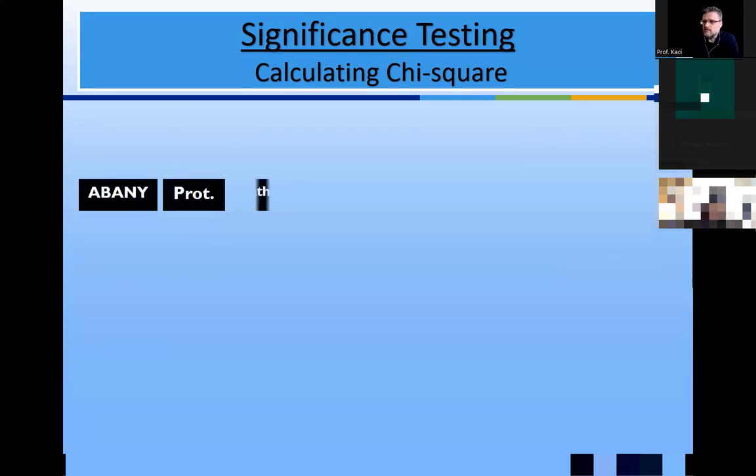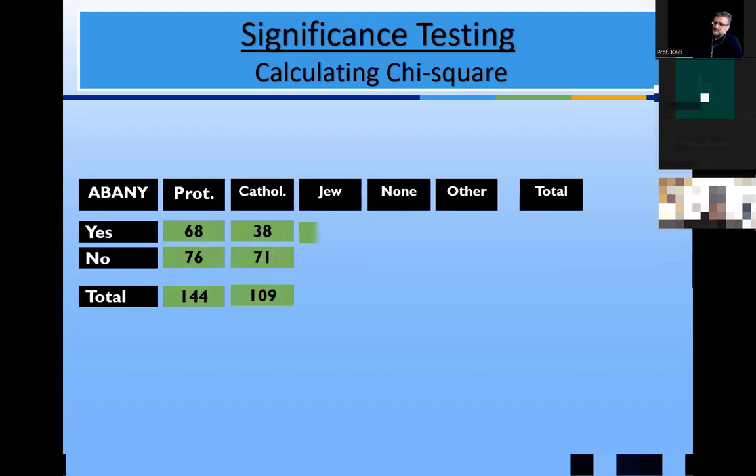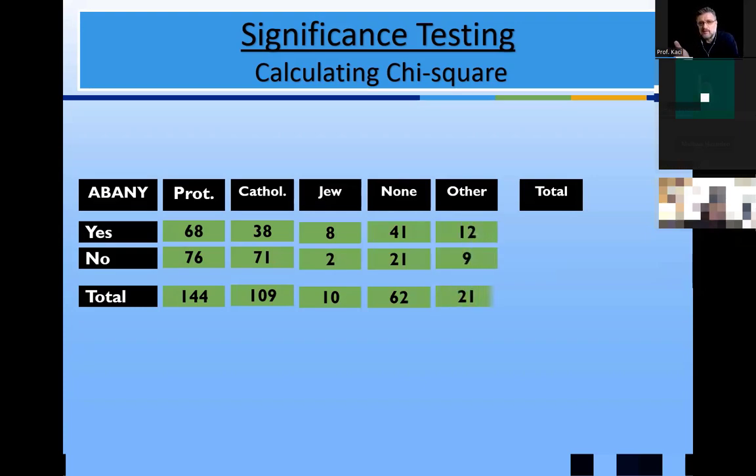We have the same variables, religion, and abortion for any reason. Okay, so we have the same values here. These are the observed values, the values that you see in the sample, right?